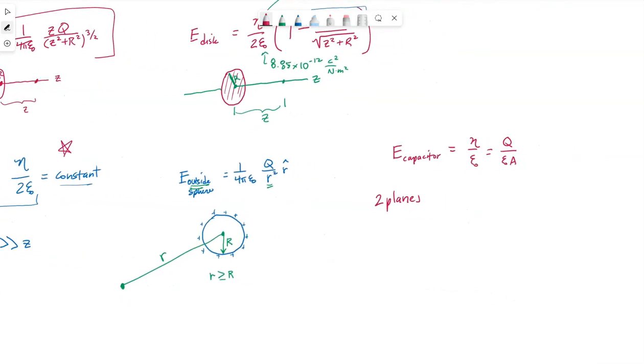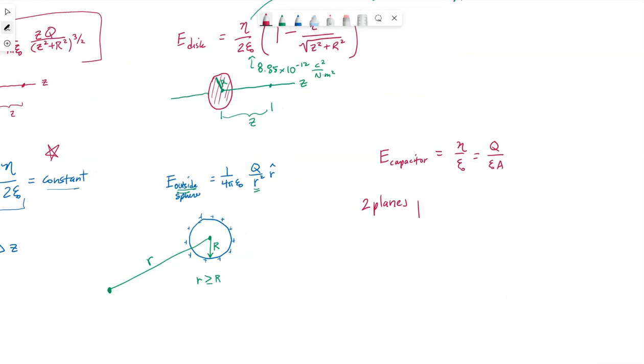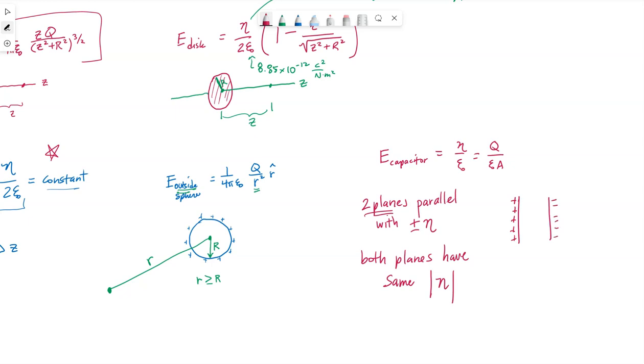It is two planes that are parallel to each other with equal and opposite surface charge densities. So both planes have the same magnitude of surface charge density. One plane is positively charged, the other plane is negatively charged.